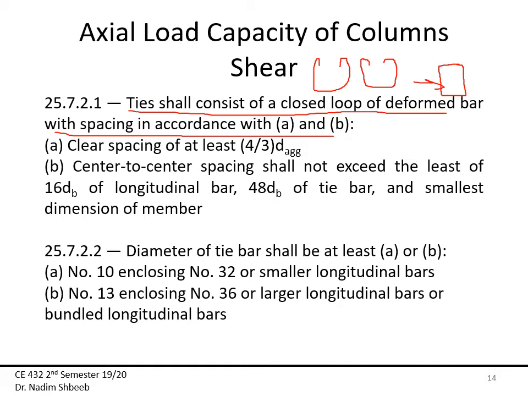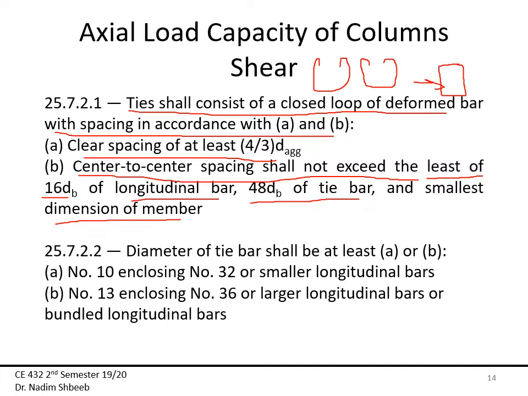Now the spacing between one tie and the other is A and B: clear spacing of at least 4/3 of the maximum diameter of the aggregate. The center to center spacing shall not exceed the least of 16 db of longitudinal bar, 48 db of tie bar, and the smallest dimension of the member.